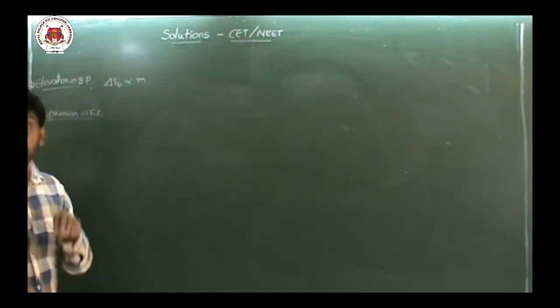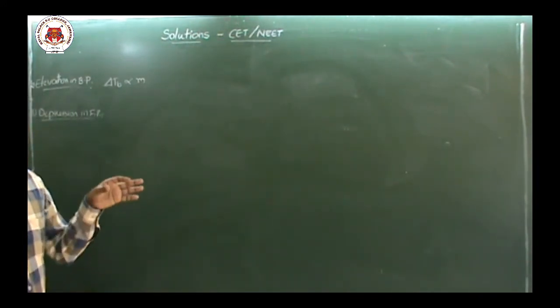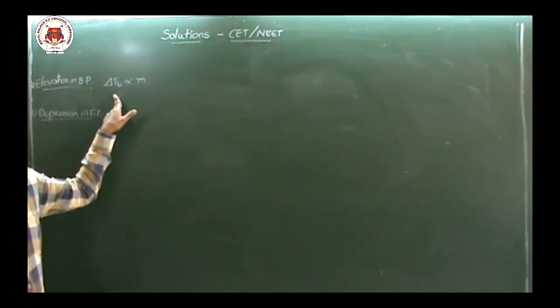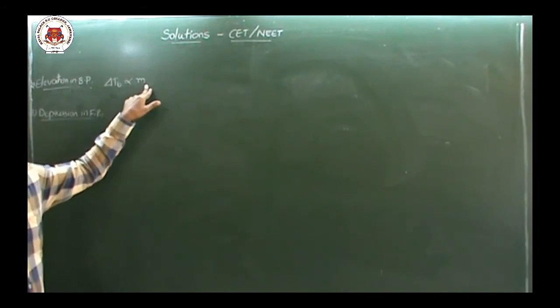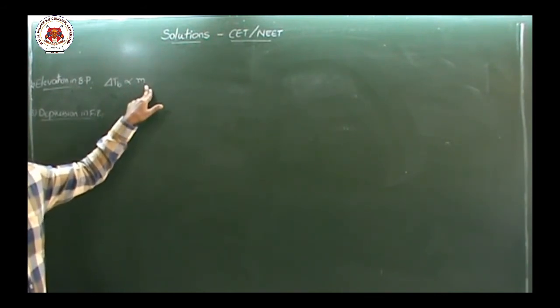Whenever you add non-volatile solute to volatile solvent, what will happen? Boiling point of solution increases. And since elevation in boiling point is a colligative property, it is directly proportional to molality of the solution.